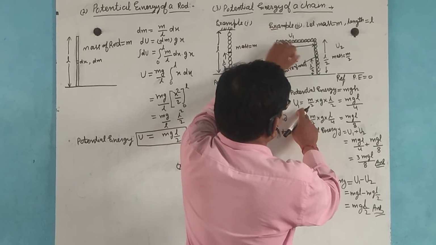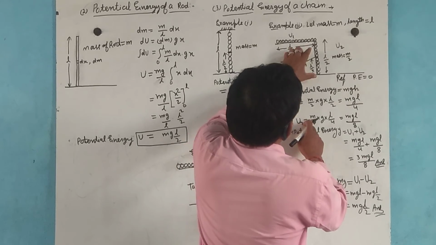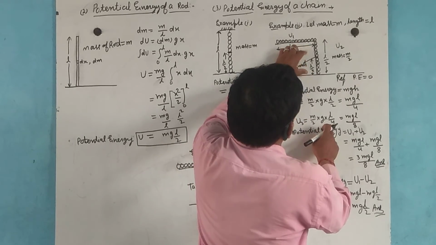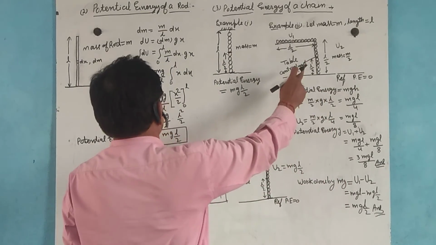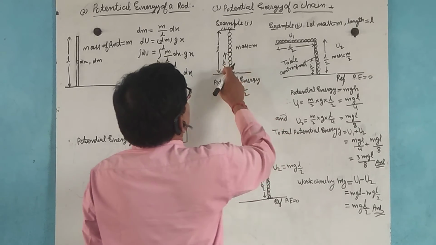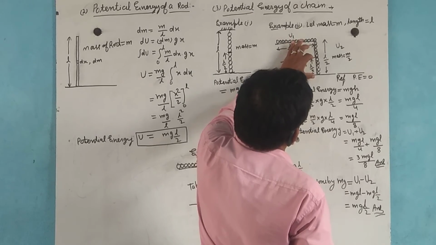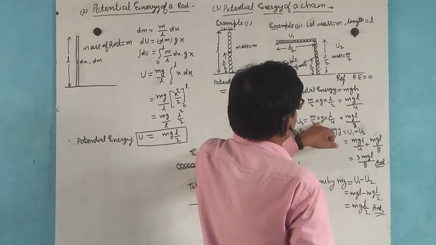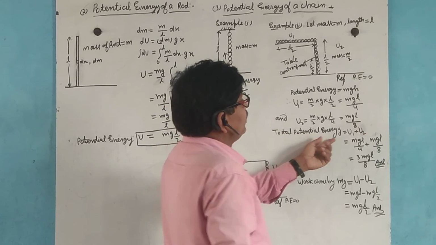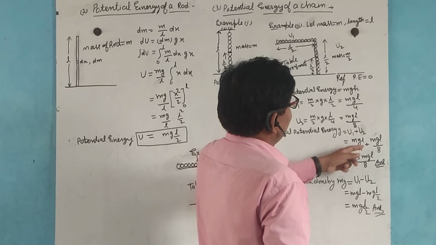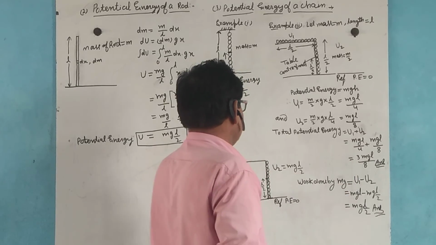Now potential energy of this is U2, mass is also m by 2, g, and we take the center of mass here, at distance L by 2, so L by 4, so m by 2 g L by 4, mgL by 8. So total potential energy U1 plus U2 is mgL by 4 plus mgL by 8, this is 3 mgL by 8. This is our answer.